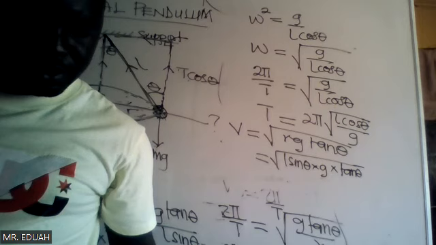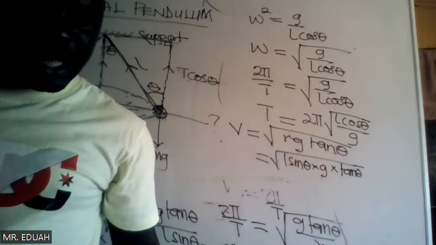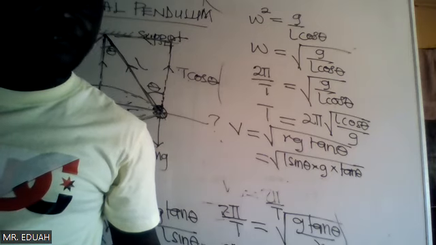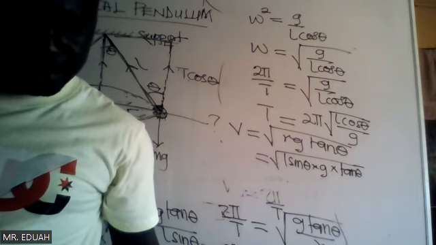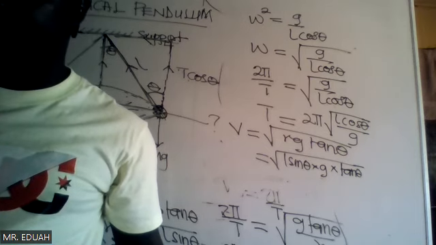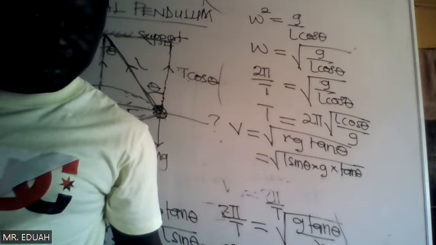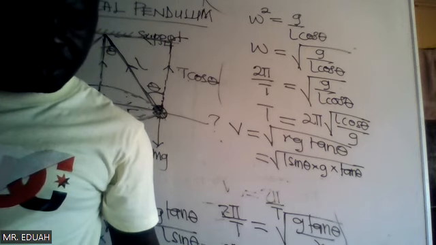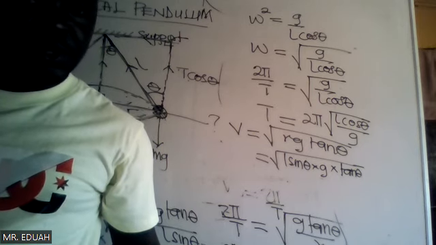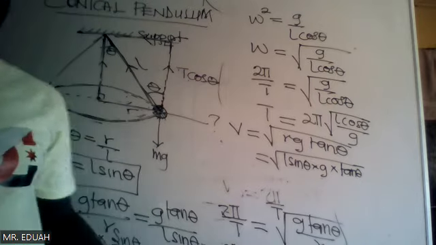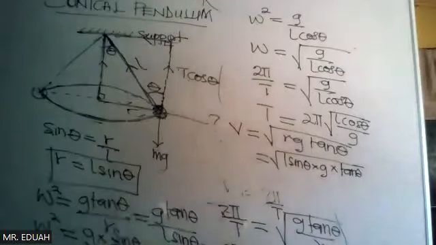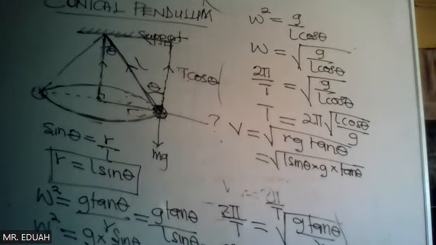Can we continue? If the uniform speed of the object is 5 meters per second, calculate: one, the angle of inclination of the string to the vertical; two, the tension in the string.